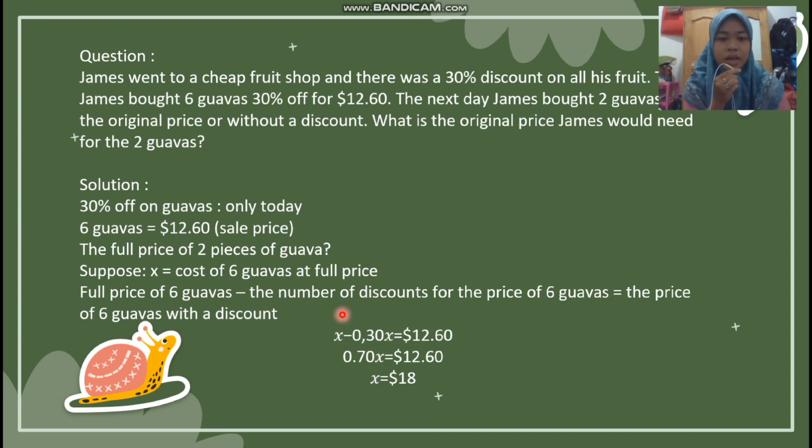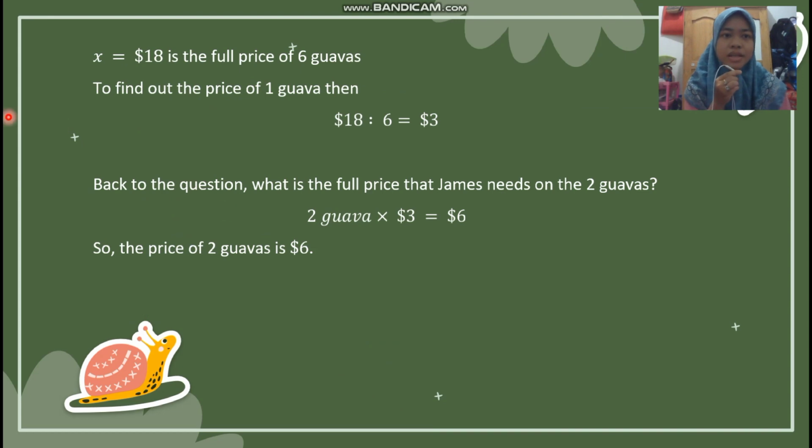So x minus 0.30x equals $12.60, which gives 0.70x equals $12.60, and we can find x is $18. The $18 is the full price of 6 guavas.